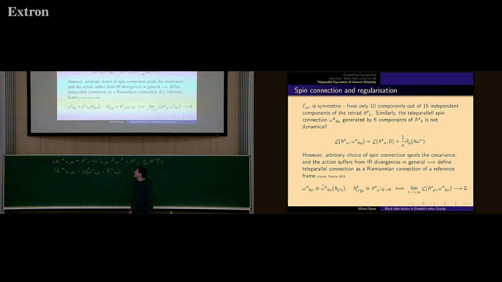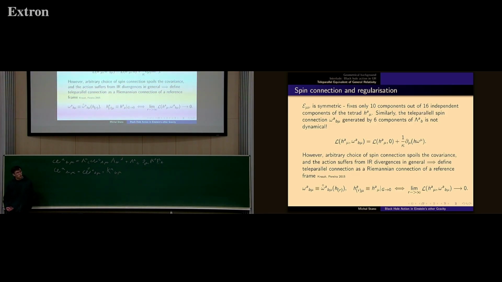So it turns out that a very similar thing holds also for the teleparallel spin connection, which is a priori assumed to be dynamical, just like the tetrads. However, when we decompose the teleparallel Lagrangian as a function of both the tetrad and the spin connection, it turns out that all of the dependence on the spin connection is given in terms of a total derivative term.